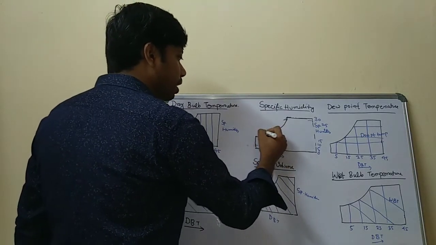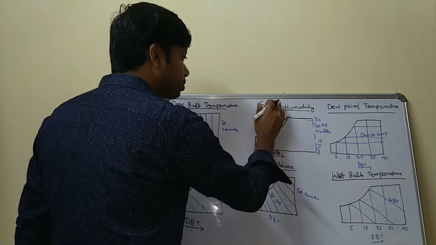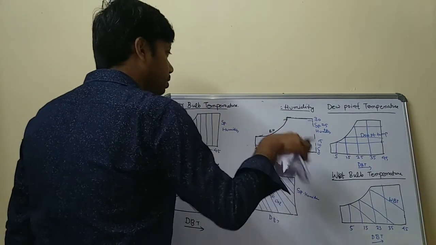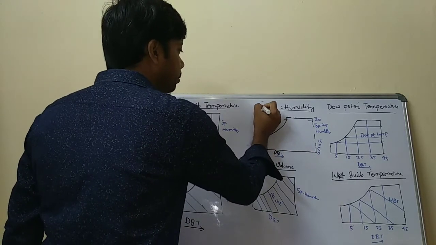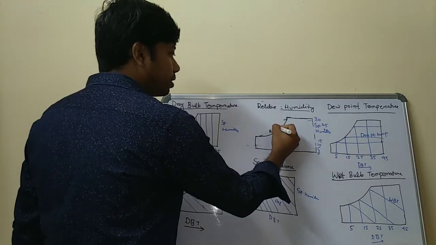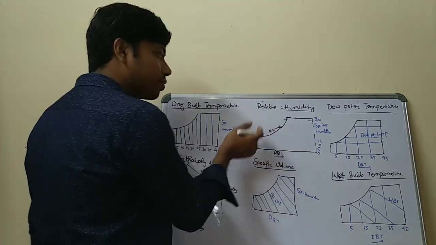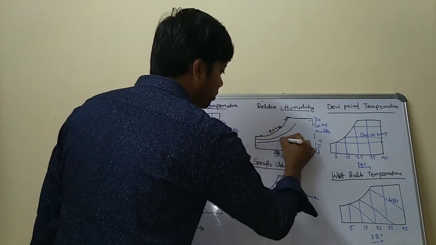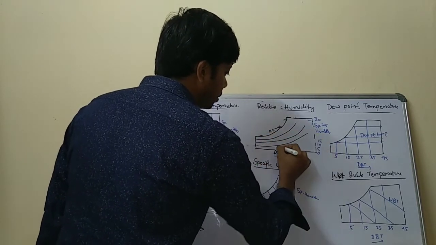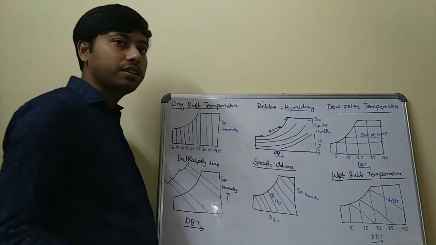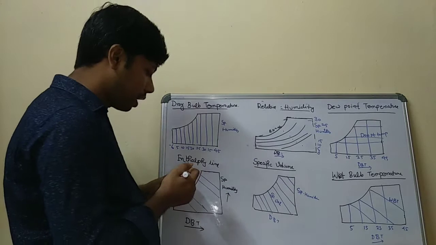This is the relative humidity line, RH. Here this line indicates the saturation curve as well as relative humidity 100%. Similarly, this type of line indicates your relative humidity lines, like 90, 80, 70, 60, 50, 40, 30, 20, like that.